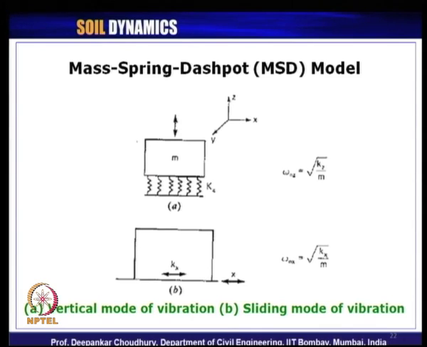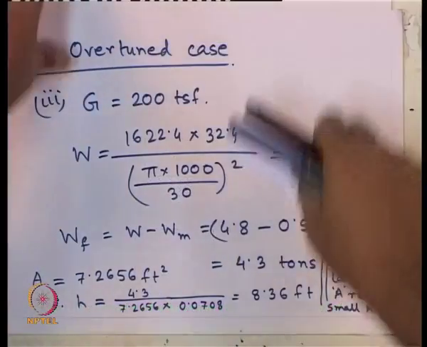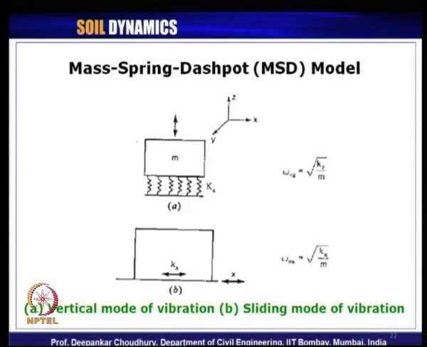Our next design procedure is using the MSD model, Mass-Spring-Dashpot model. In the MSD model, for different modes of vibration, how the soil spring stiffness and the natural frequency are calculated and modeled is shown in this slide. The first figure, figure A, is showing the vertical mode of vibration. This is the applied dynamic load, vibrating in the z direction.